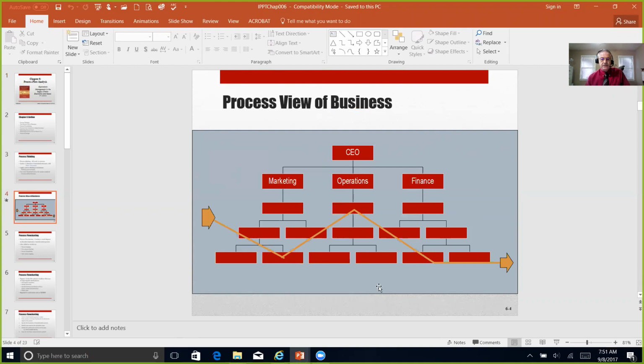And you can look at that and kind of draw a conclusion that at times the number of handoffs, the number of people who have to be communicated with, in some cases can make the process inefficient, or it could in turn, depending on how lean it is, make it more efficient.